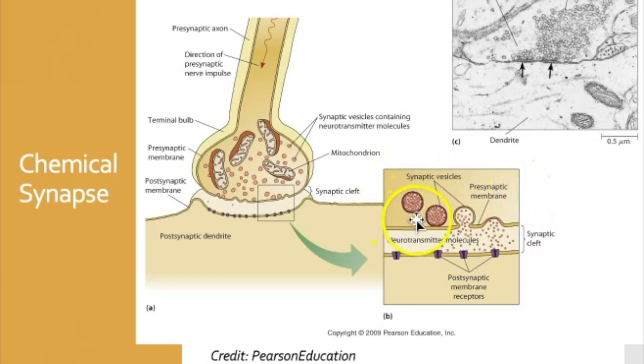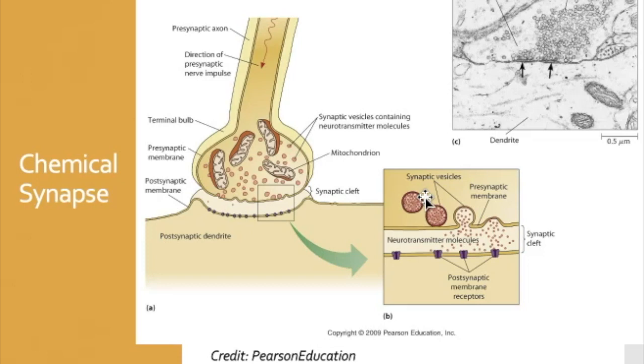Neurotransmitters are stored in membrane-bound vesicles inside those terminal bulbs inside of an axon. And when the electrical signal gets down to that terminal branch of the axon, the electrical signal is going to cause calcium channels to open up. We talked about this when we discussed muscle.